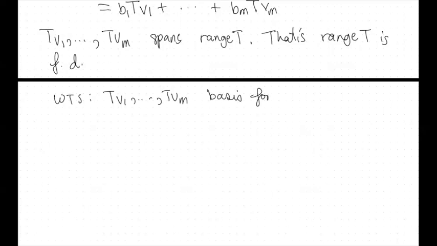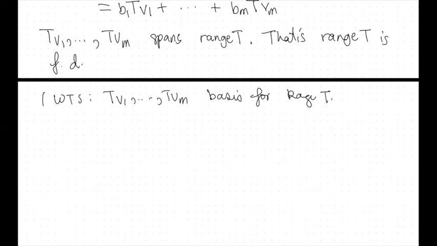Now we need to show that TV1 up to TVN is a basis for range T. Because it is a basis, we just have to show it spans range T, which is already shown. The next one is we need to show that TV1 up to TVN is linearly independent.